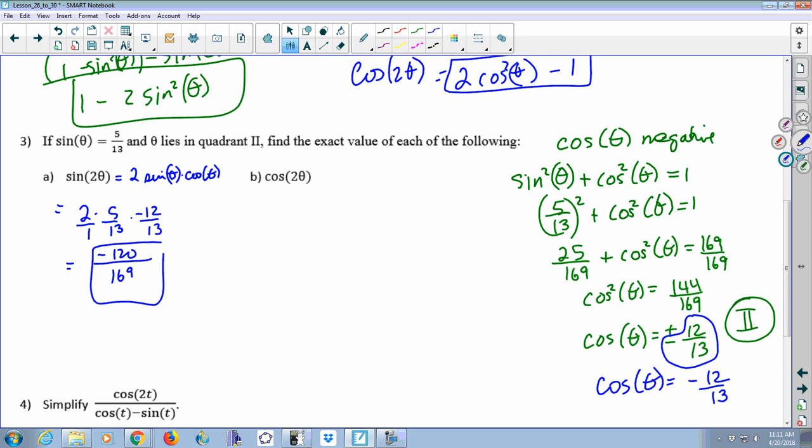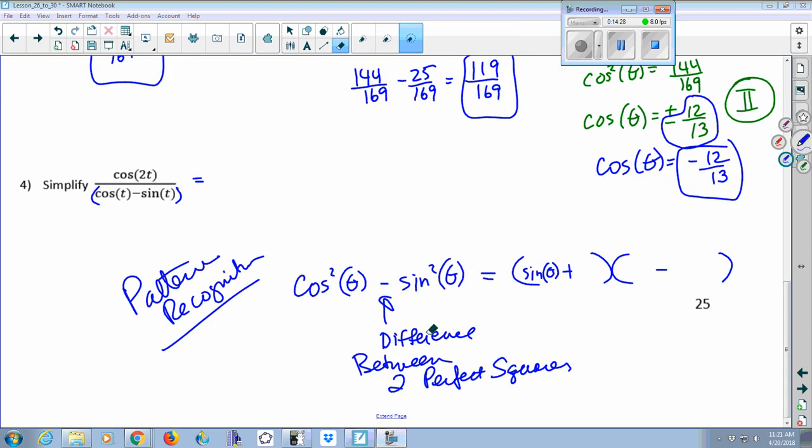Now you've got 3 to choose from, so use whichever one you want. I should be using t here instead of theta, because that's what the variable is here. I'm just so used to using theta. So sine of t plus cosine of t, and then sine of t minus cosine of t.